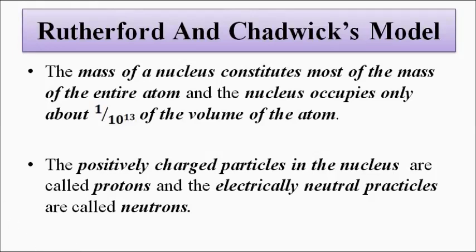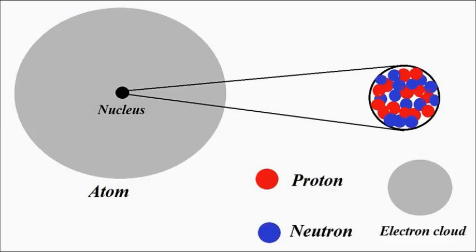Protons and neutrons are present in the nucleus and are responsible for most of the mass of the atom. But the volume or space occupied by the protons and neutrons in the nucleus is very small compared to the overall size of the atom.